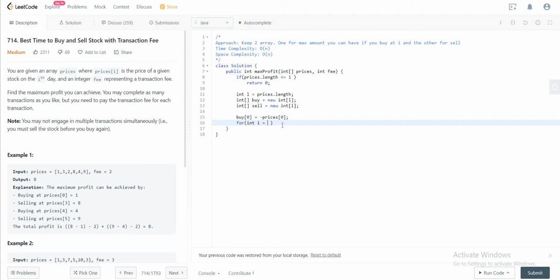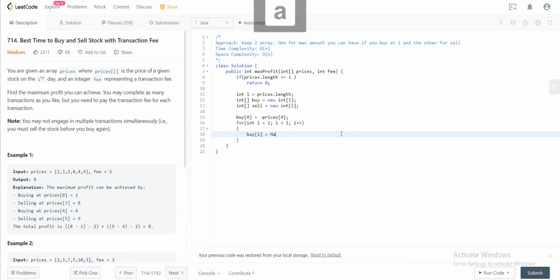Because you bought something at time 0, you want to start comparing from time 1. So you would start i with 1, i is less than or equal to L, you would increment i. And at each step, for buy at a new step, you want to check two things.